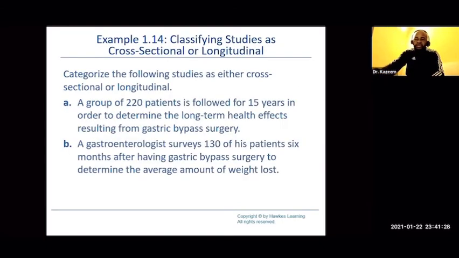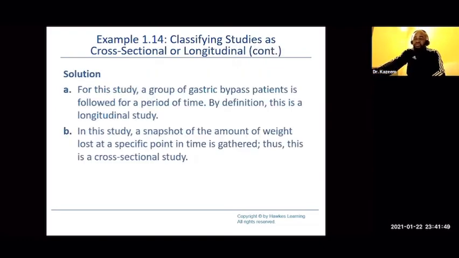Now, when you take a look at the second, it said a gastroenterologist surveys 130 of his patients 6 months after having gastric bypass surgery to determine the average amount of weight loss. Of course, automatically, this is going to be a cross-sectional study. It's a cross-sectional study because it collected this data set at a specific point in time.